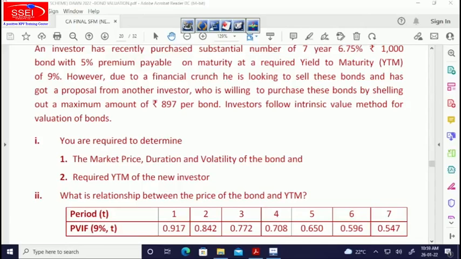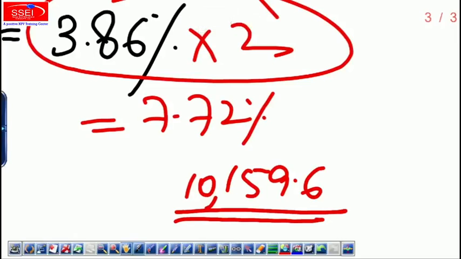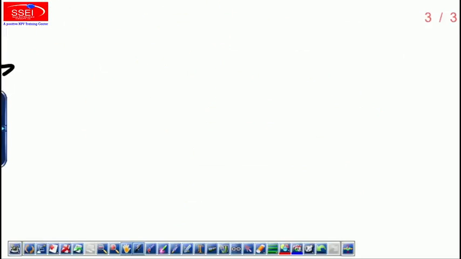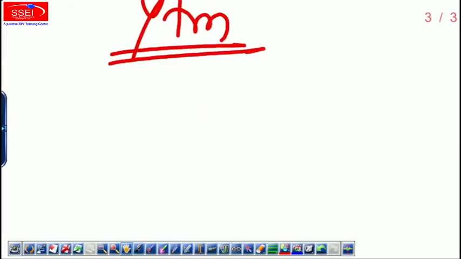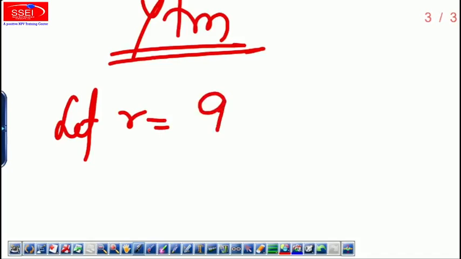So at 9%, what is the price? I am doing the second part of part 1, YTM. Let R equal to 9%.